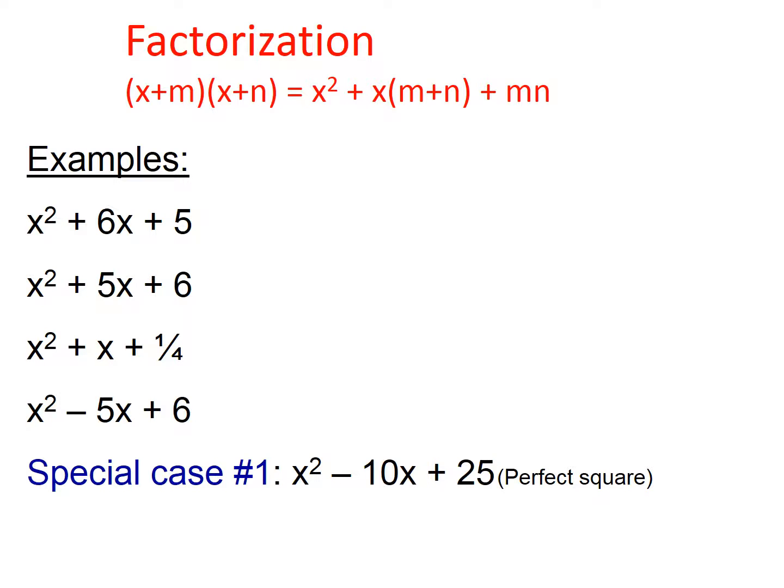But then we have this special case of a perfect square. It's where we finished off. What this means is when we work out what the numbers are that go in here, the thing on either side of those two brackets are the same. So in this case it would be x minus 5 on either side of that bracket.